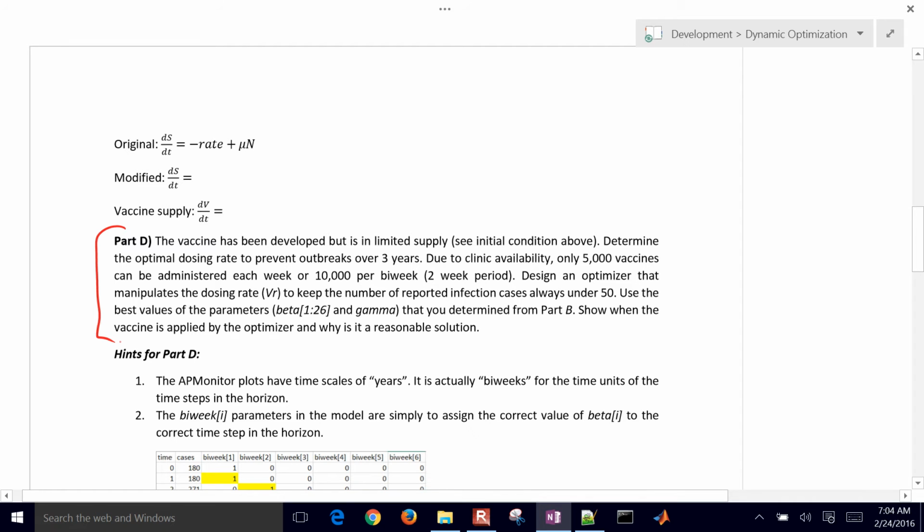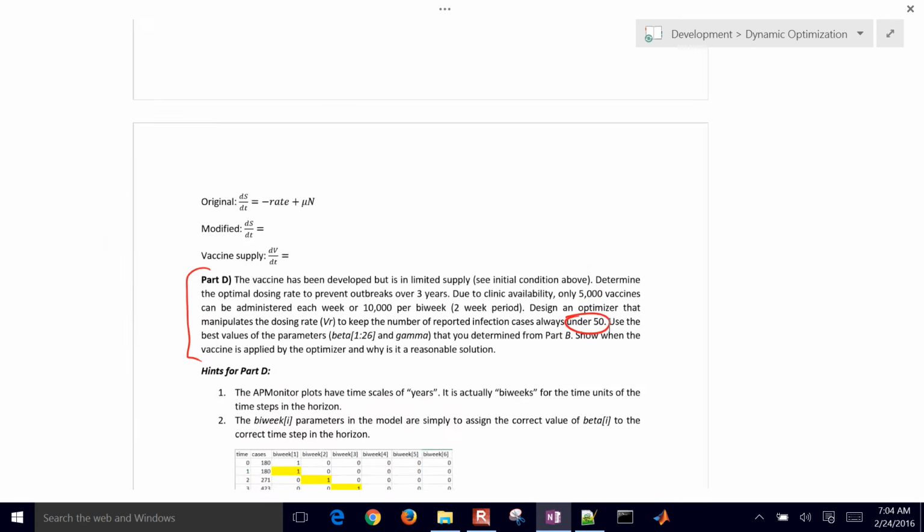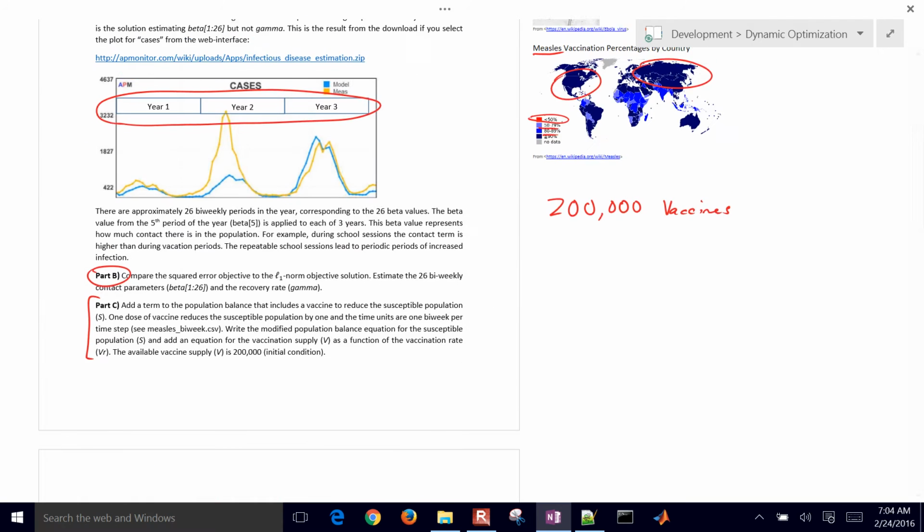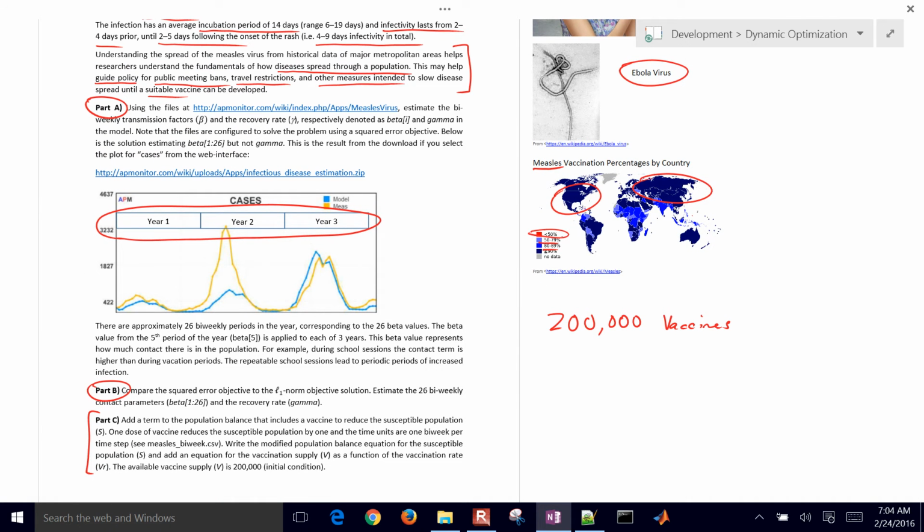So let the optimizer choose the vaccination rates, how quickly those are distributed, to best keep the number of reported cases in a 2-week period under 50. So try to control outbreaks of the disease by taking a smart approach to how you distribute a limited supply of vaccine.